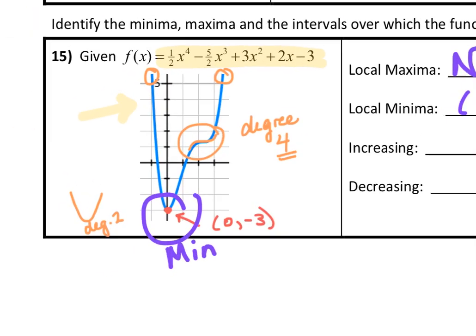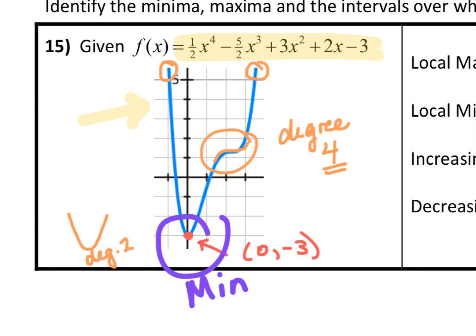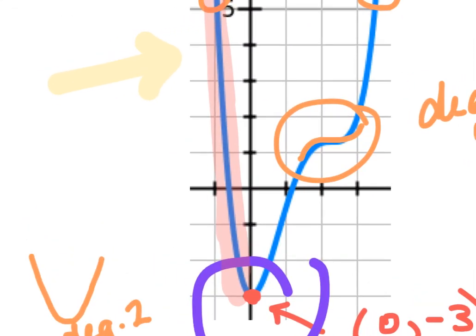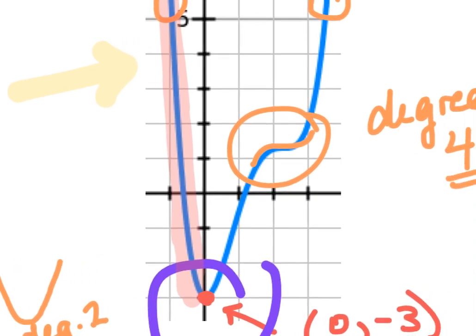And remember that even though you have that little twist tie there, that doesn't change the increasing, decreasing. So in this graph, it's decreasing here. And I know that some of you like to write the word decreasing. I don't know if I can do that on my iPad. Let's see.